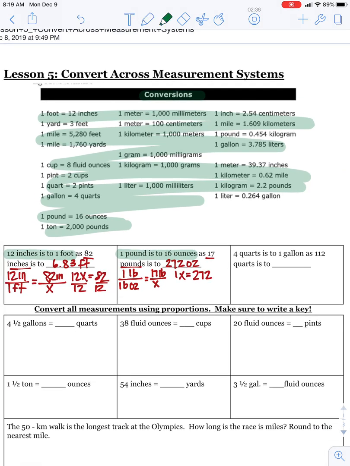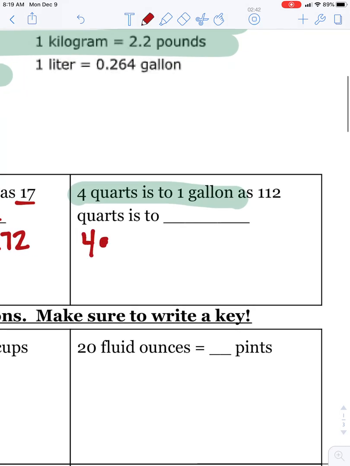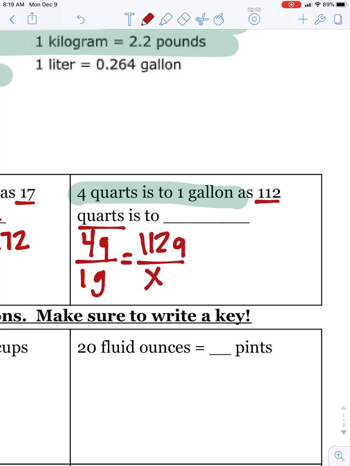Right, the next one has 4 quarts to 1 gallon. So 4Q over 1G equals, and then we're starting with 112 quarts. So that matches the key on top, X on the bottom. This gives us 4X equals 112.